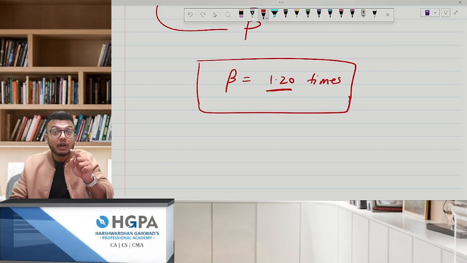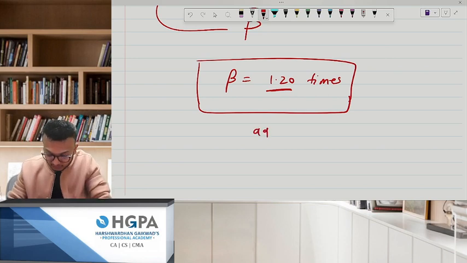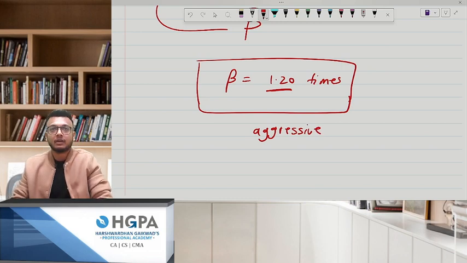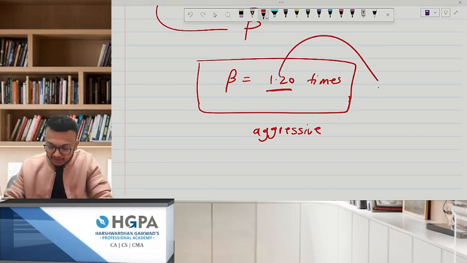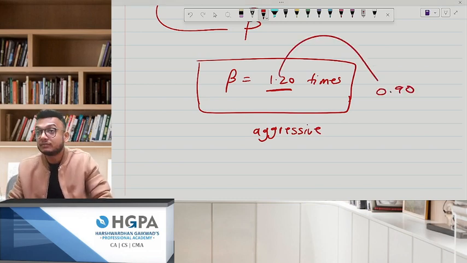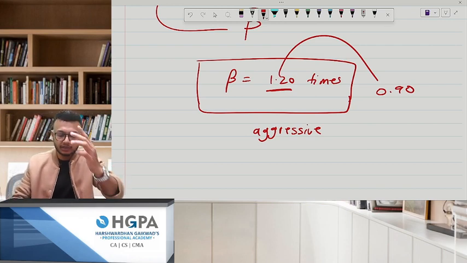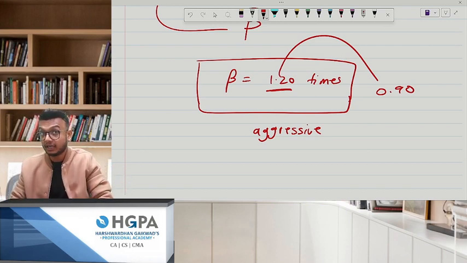This means your portfolio is aggressive. If your answer was 0.90, then your portfolio is defensive. Why? If the market goes up or down by 1%, your portfolio is going up or down by 0.90. It is not that much fluctuation.